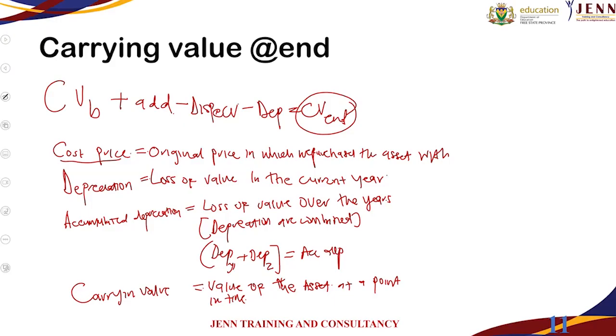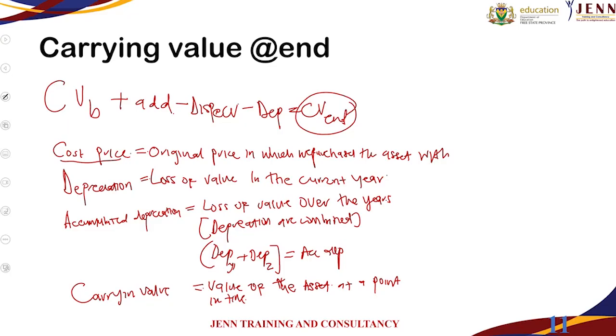Let us assume I buy a vehicle on the 1st of January. I'm driving it. On the 2nd of January, what is the value of that car? I've driven it on the 1st. Now on the 2nd day, it has lost value. How much is it worth on the 2nd of January, not on the 1st? That is what we mean by the carrying value, the value that is left.